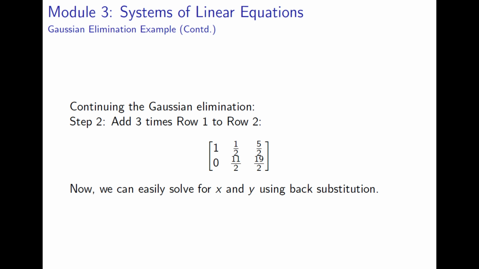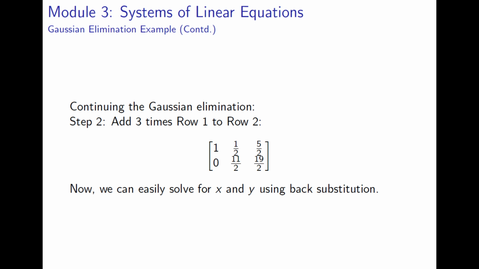A matrix is said to be in row echelon form if it satisfies the following conditions. 1. Non-zero rows: all zero rows are at the bottom of the matrix. 2. Leading entry: in each non-zero row, the leftmost non-zero entry is 1, and this one is called the leading entry.